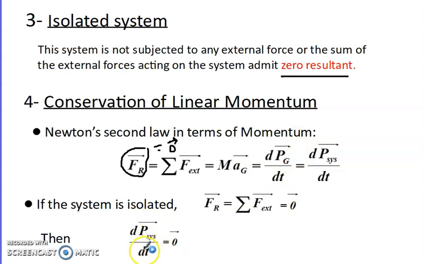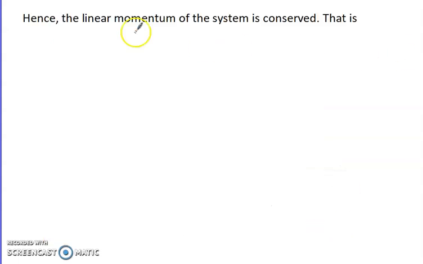So the derivative of the linear momentum is 0, means that the linear momentum is constant. What does this mean? When the linear momentum is constant over time, it has the same value, like the mechanical energy. Hence, the linear momentum of a system is conserved.